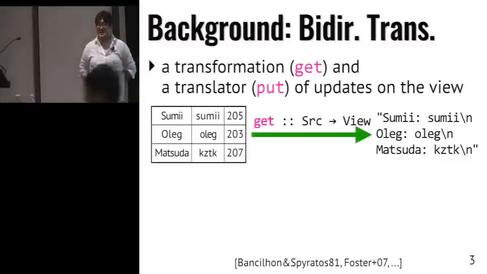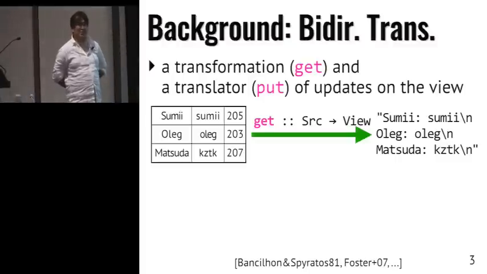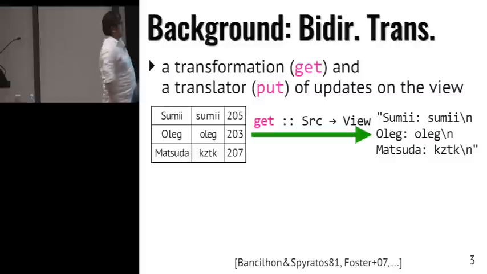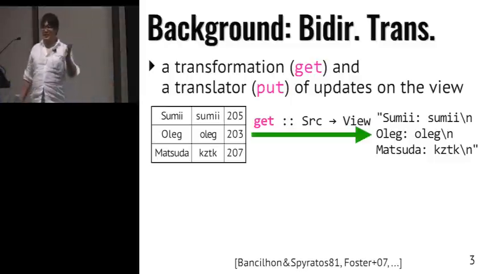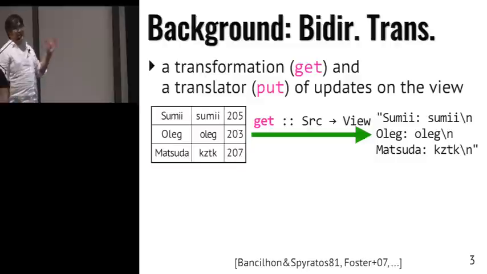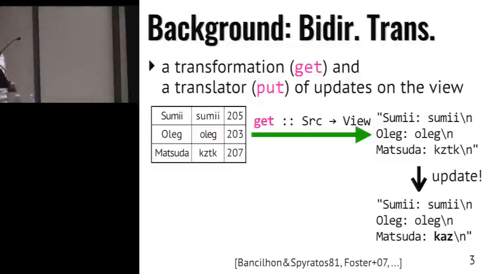In such a situation, it is sometimes convenient if I can update the source data by updating the view data. So assume that we change my account name from KZTK to KAZ as this. We use put to reflect this update.